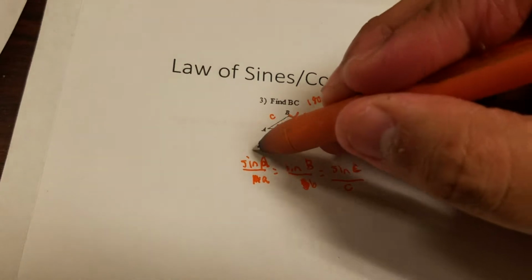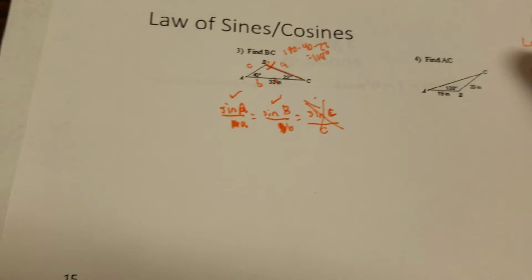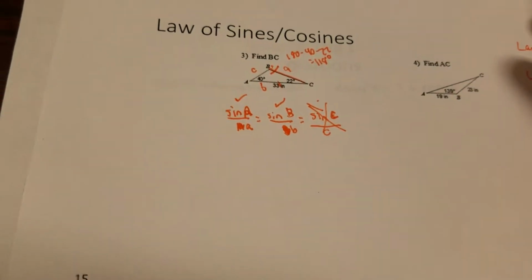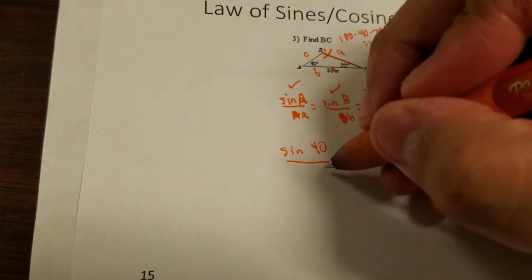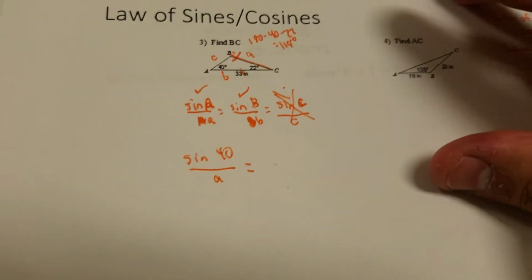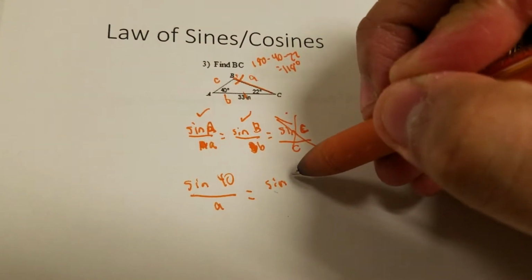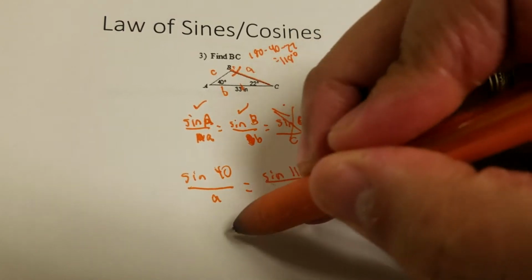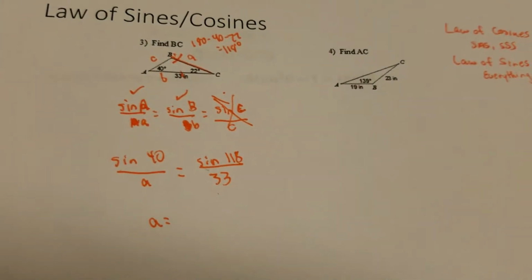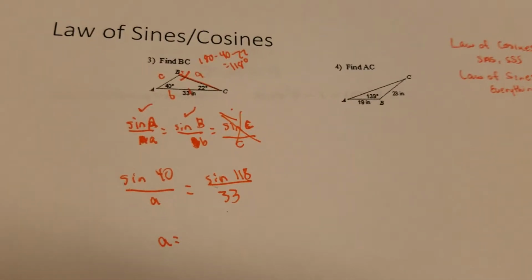So since I'm finding little a, I need this one. And since I know both of these, I can use this one as well. So this is the only one that I don't need any information on. So when I fill my info here, sine of angle A is 40 degrees over side a, which is what I don't know. That's what I'm going to figure out. And in this other one, sine of the angle is 118 degrees over 33. And when I solve this, I don't have this number actually written down right now. Just bear with me a little bit.